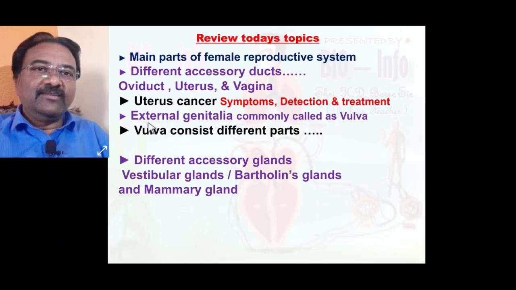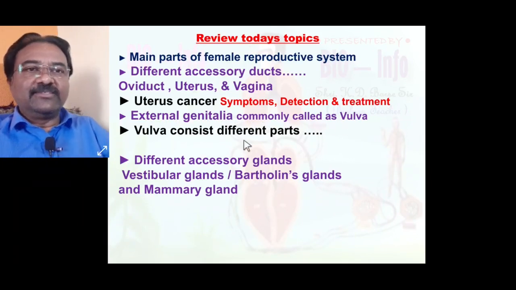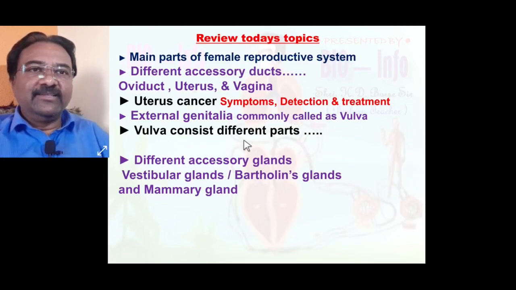We learned in detail the external genitalia, commonly called vulva. Vulva consists of different parts like vestibule, labia minora, clitoris, labia majora and mons pubis.